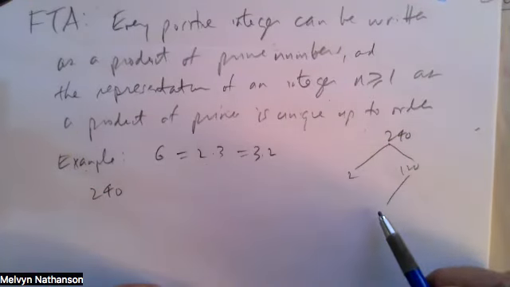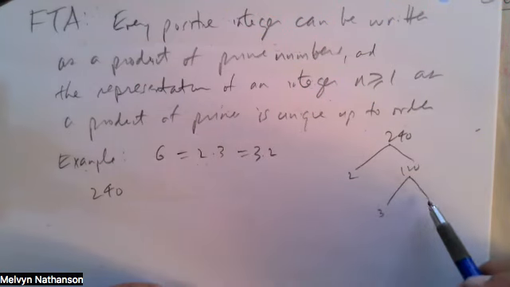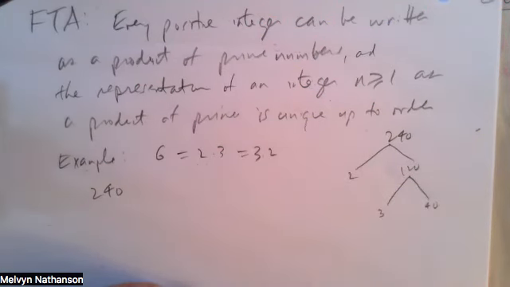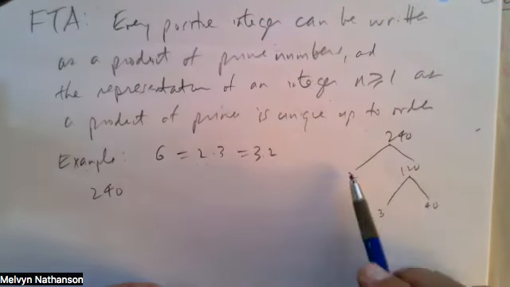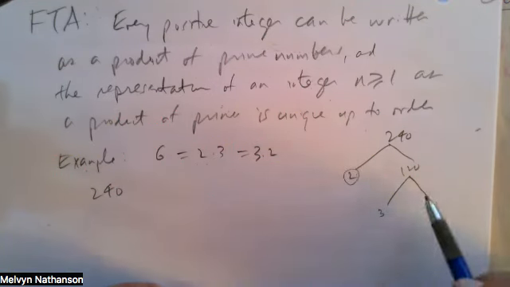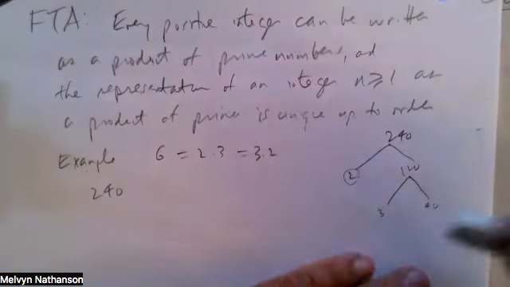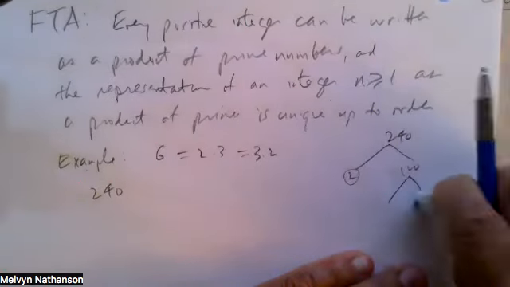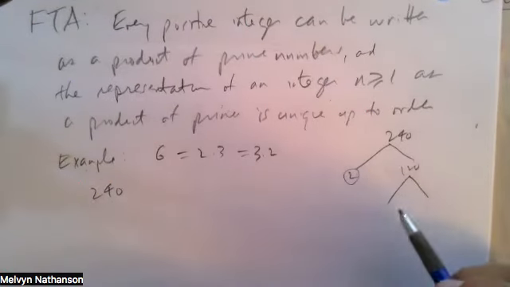And 120 we could write, I don't know, it's 3 times 40. 2 is a prime, you can't factor that. Maybe I'll write 120 in a more interesting way. It's like 6 times 20.